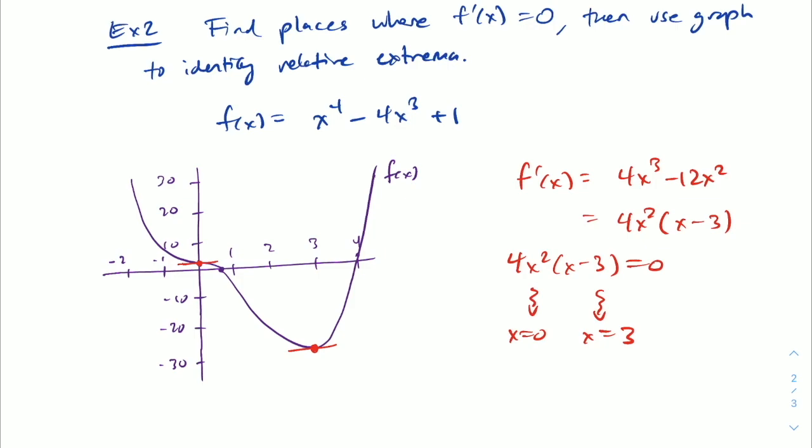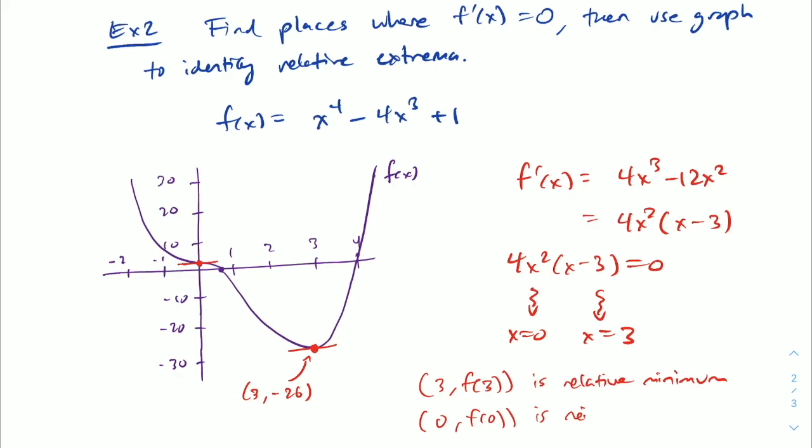So 3, f of 3, by looking at the graph, is a local or relative minimum. So here's our point 3, f of 3. I think f of 3 is negative 26. So you could write negative 26, or you could write f of 3. And 0, f of 0, is neither a relative min nor a relative max.